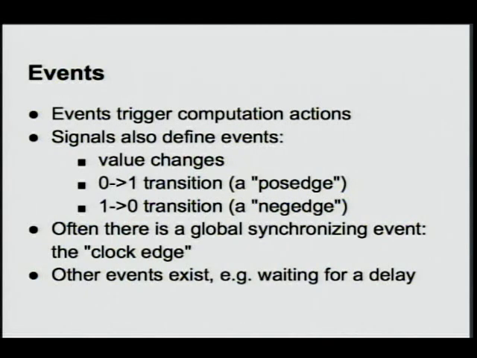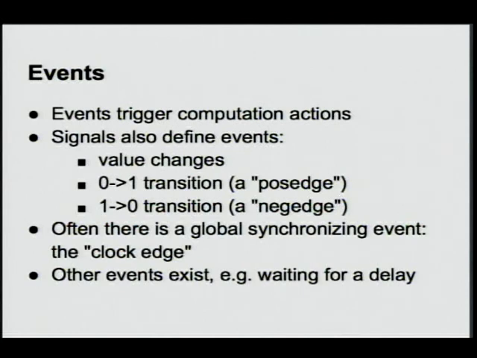Signals also can be used to define events. Because you can have a micro-thread somewhere that is waiting on a value change of a signal. It can be just a value change, or it can be waiting for a certain transition, a rising edge or a falling edge on a signal.